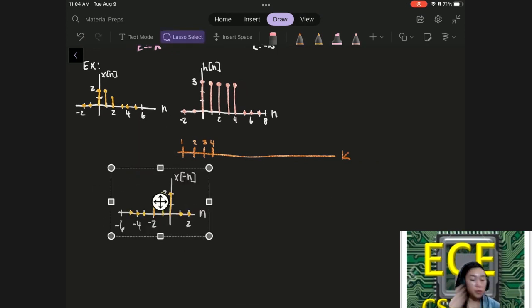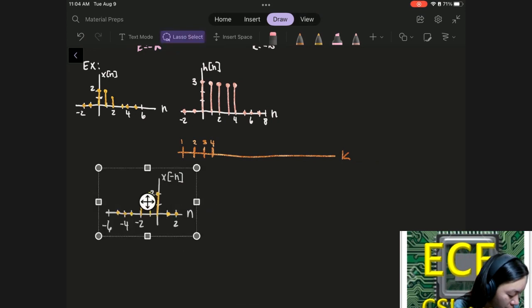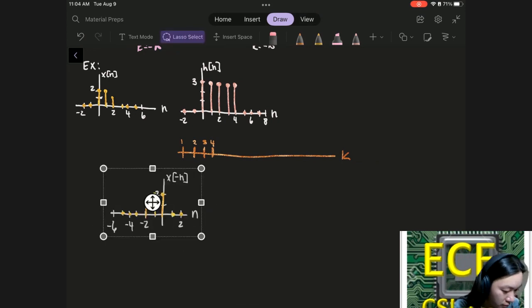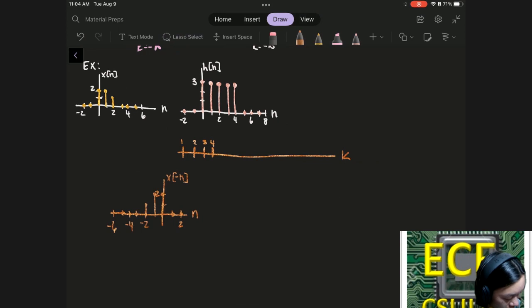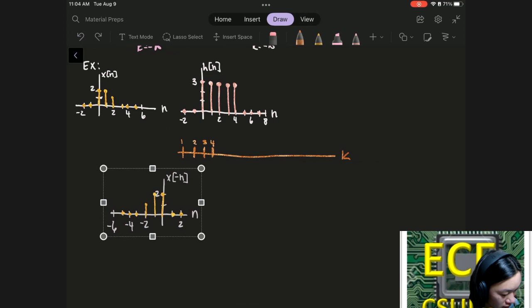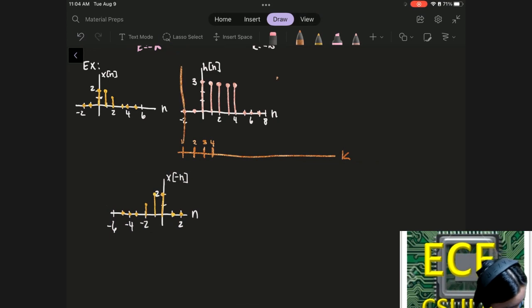So that means for k equals 1, I shift it over by 1 so that the first point overlaps at 1. At that 1. Right? And then at k equals 1, which is right here, it overlaps by 1.